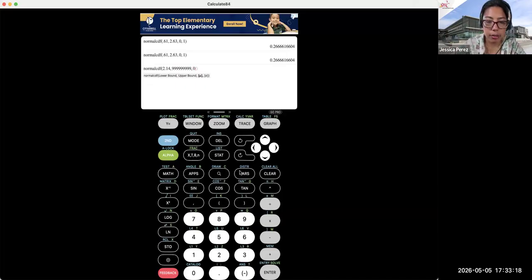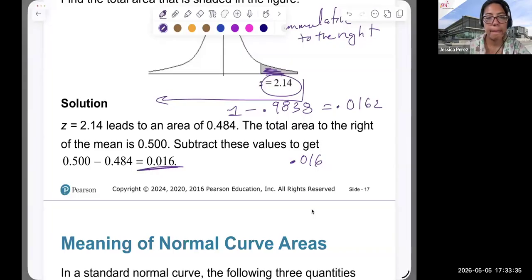And then mu is 0, standard deviation of 1, close it. And that gives us 0.0162, right? Very similar, which is exactly what we got. So that is another way to look at our solution.